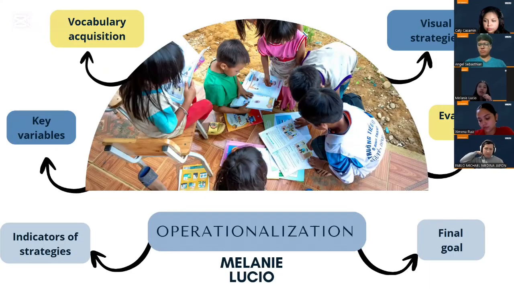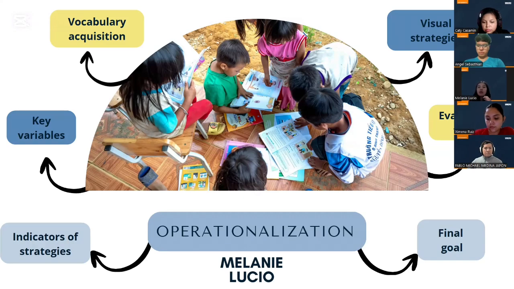This study focuses on two main variables: visual learning strategies and English vocabulary acquisition in students with dyslexia. The independent variable is visual learning strategies. These are measurable through classroom activities and materials that use visual support, such as flashcards, images, videos, graphic organizers, color-coded vocabulary, audiobooks, and visual presentations.